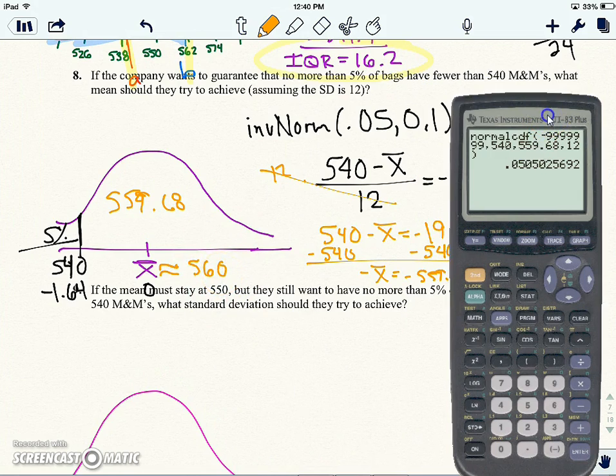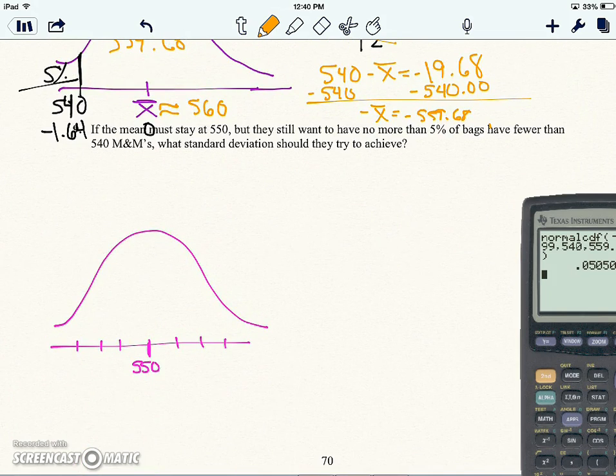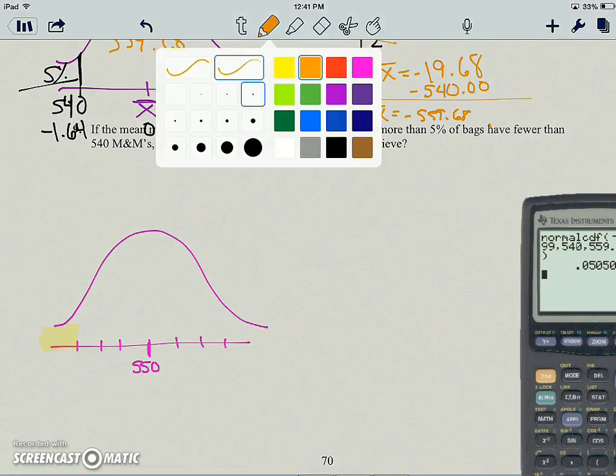We're going to do one more like that, okay? But in this case, the mean will stay 550, but we want a new standard deviation. So we already know the 5% z-score is negative 1.64. Okay, so we're still doing the same picture over here with the 5%, but we just do a different formula.